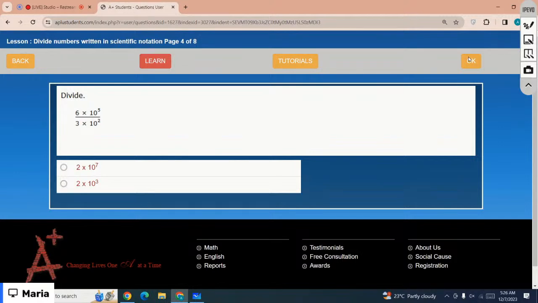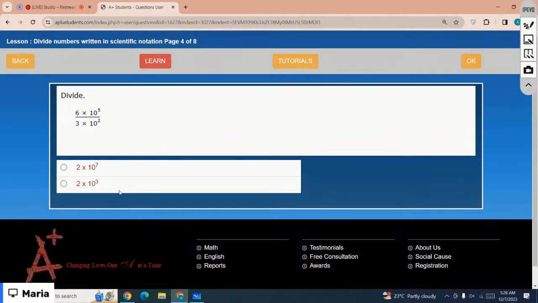So which is the correct option? Yes, very good.